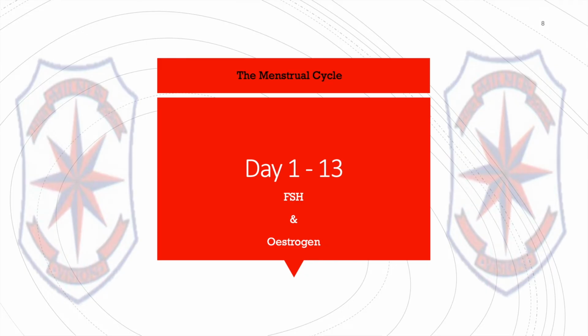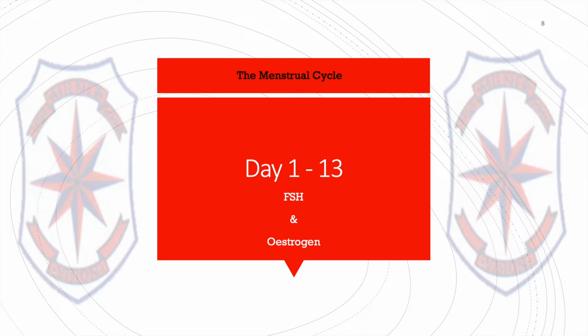So, let's get into much more detail about the events that occur during the menstrual cycle. The way that we are going to do it, we are going to look at the menstrual cycle in periods of days.